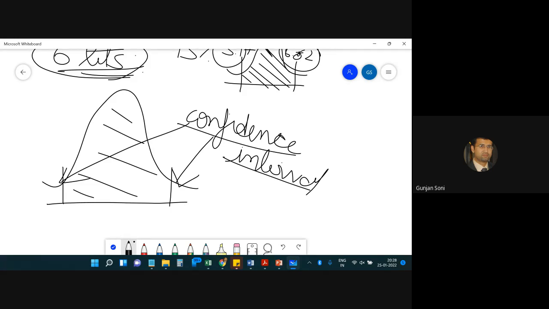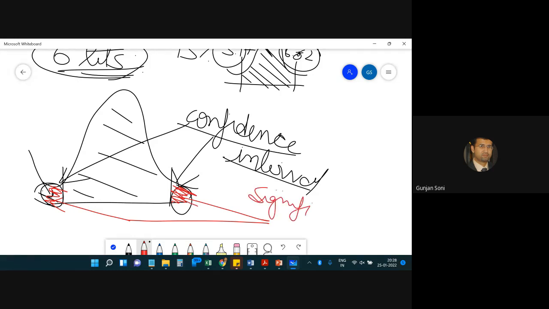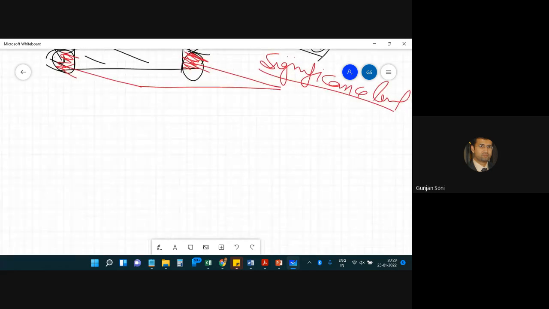Now these points, or this area which is outside, is called the significance level. I'll shade this area. The area which is outside is called the significance level. Let's talk about several cases.